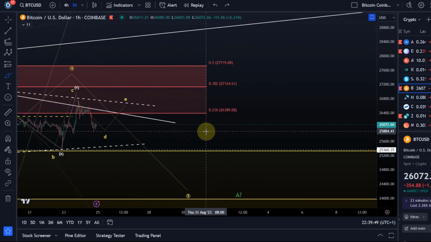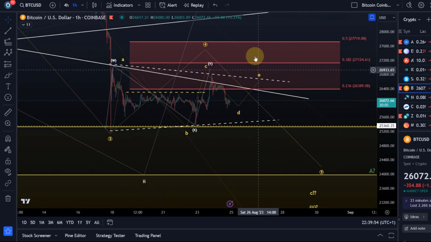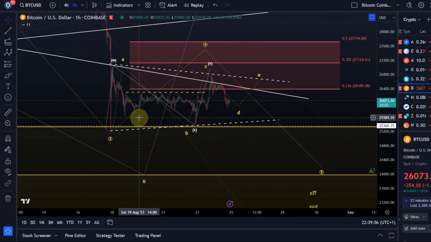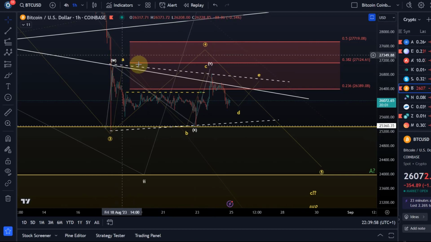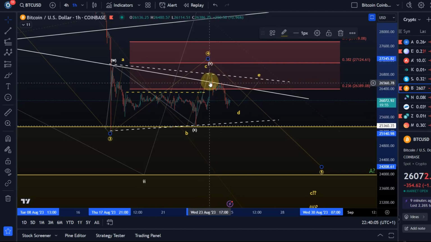Just with reference to my previous video, today we explored two other potential patterns that could play out here. First of all, a WXY structure, and the wave 4 might have topped already. Absolutely possible. Here at the Y wave high, basically yesterday's swing high at around $26,800.